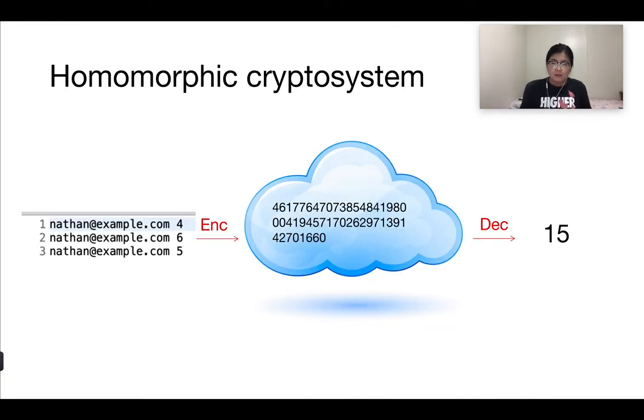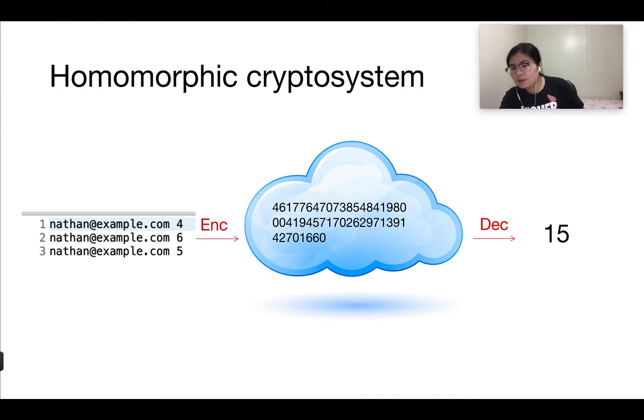Homomorphic encryption is a form of encryption allowing one to perform calculations on encrypted data without decrypting it first. The result of the computation is in an encrypted form. When decrypted, the output is the same as if the operations had been performed on the unencrypted data.